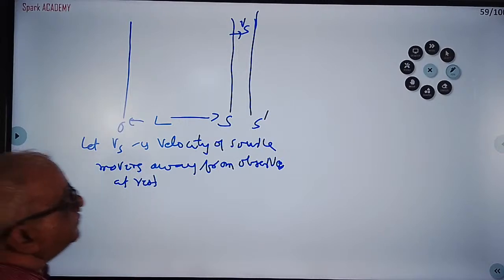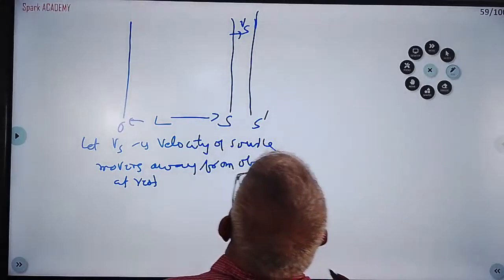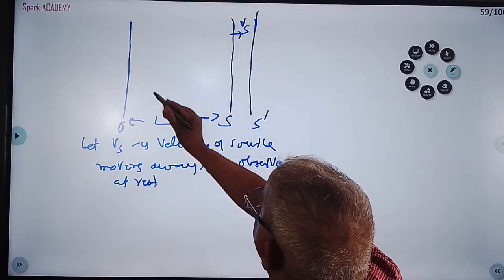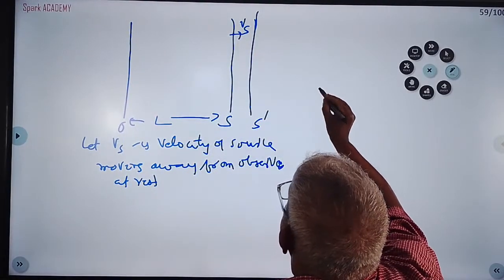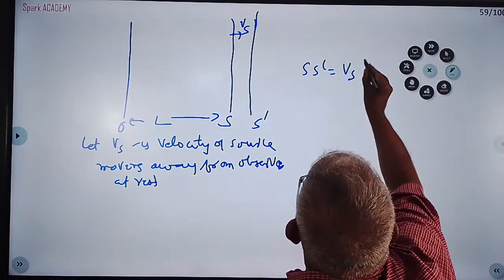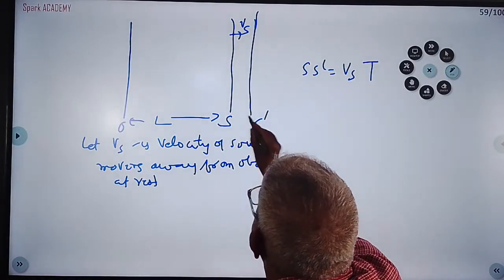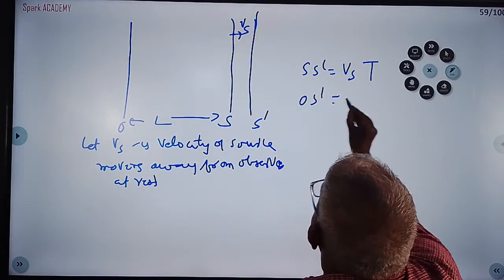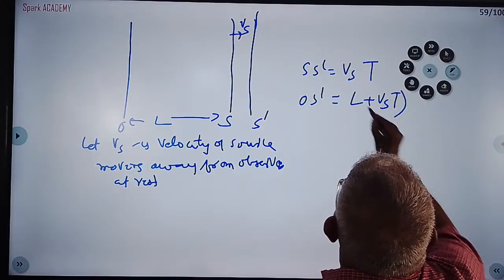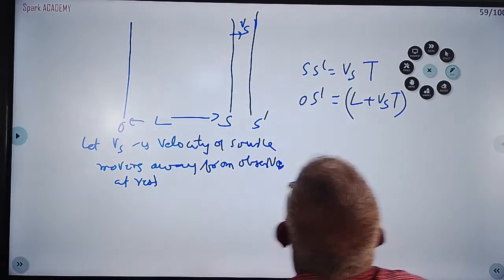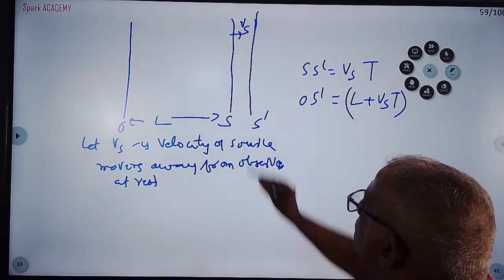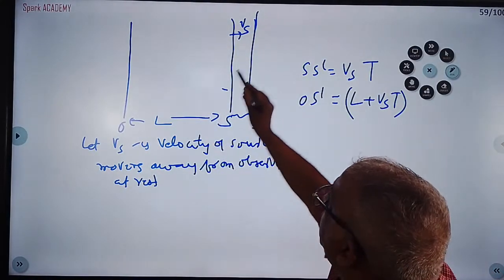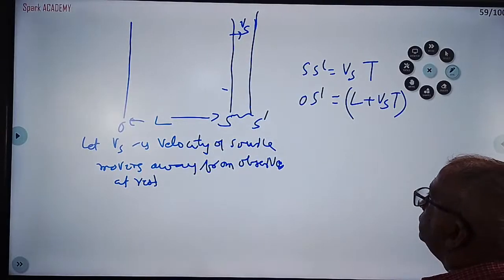The distance will change now. By the time one cycle goes here, the source moves SS dash, which is Vs into T. So OS dash is L plus Vs into T. This much distance is moved in the time of one cycle.